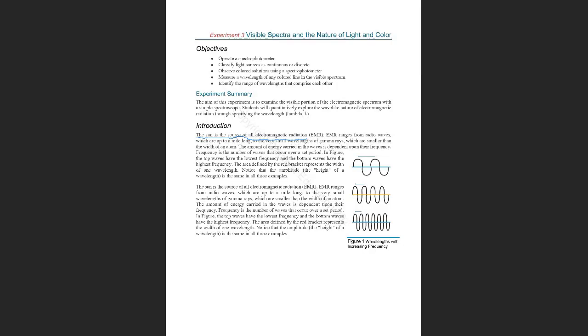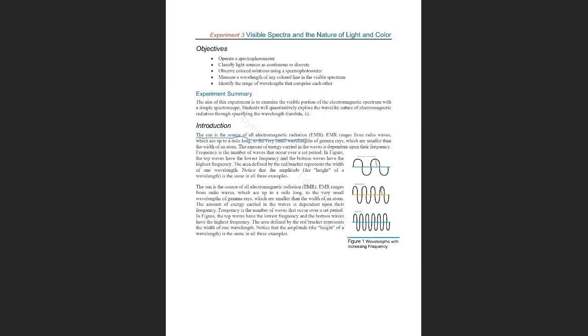So here on the right, we have the wavelength, and the distance marked in red is the amplitude, the vertical height of the crest. The greater the amplitude, the greater the intensity and the brightness of the light.